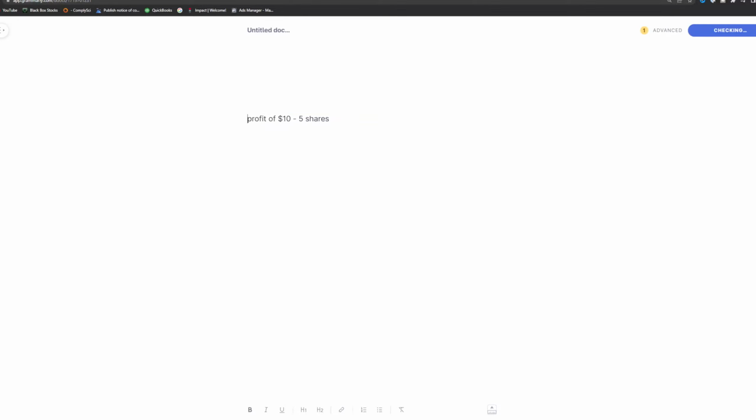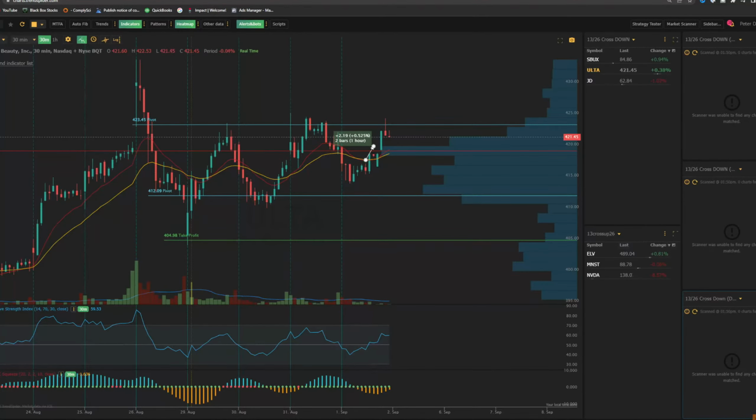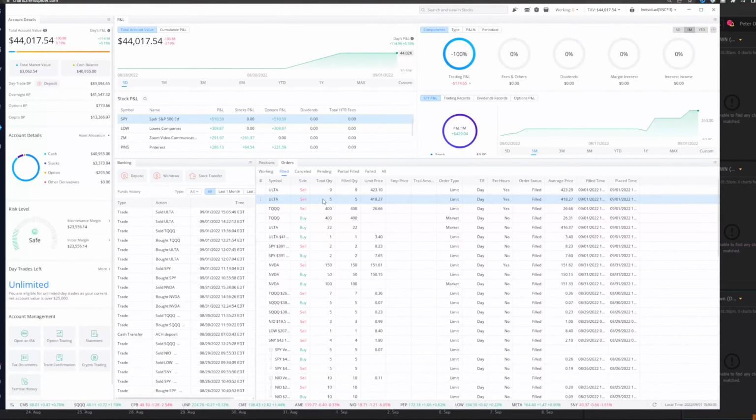Okay. Then Ulta continued to run. And so what I did, because my delta went down, in order to match my delta, I had to sell 9 more shares. So I sold 9 more shares, and now that average price was $4.23. So I bought those shares initially at $4.16, so $416.